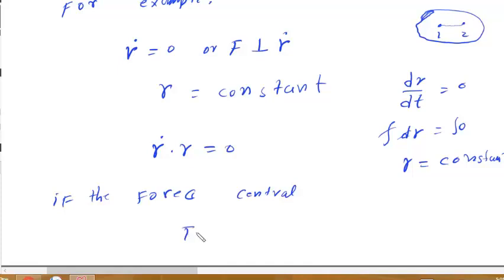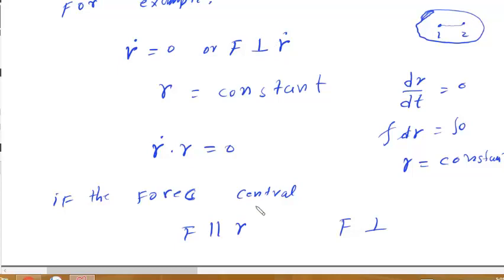The force is parallel to r, and r is perpendicular to r dot, so this force is perpendicular to r dot.